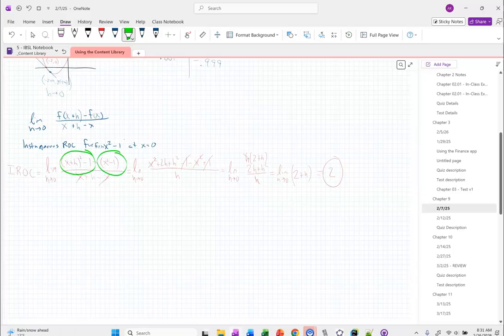Oh, I got it. I got it. X is equal to 0. So the x's are supposed to be zeros.